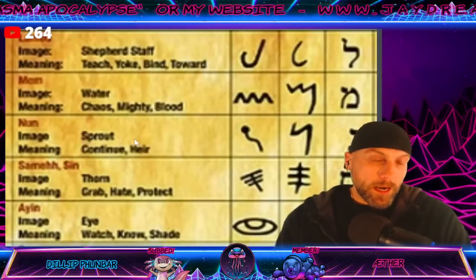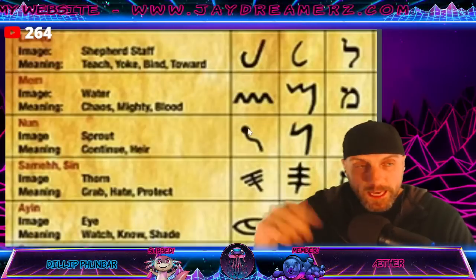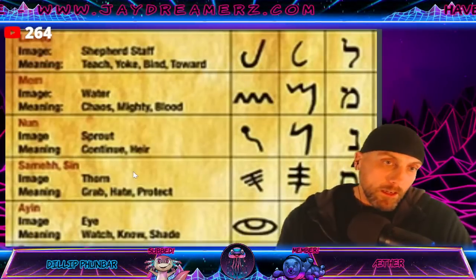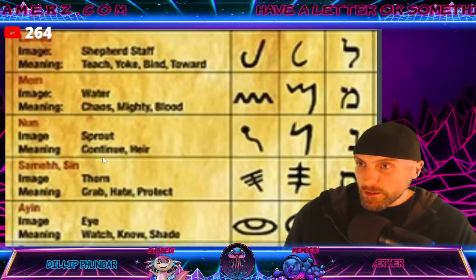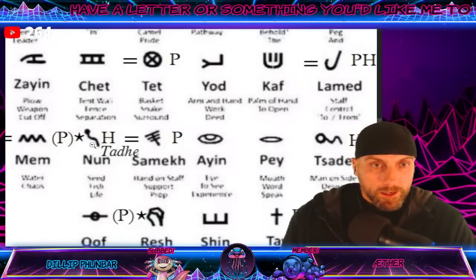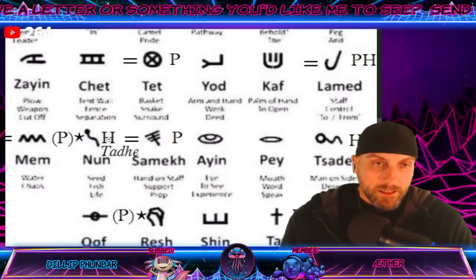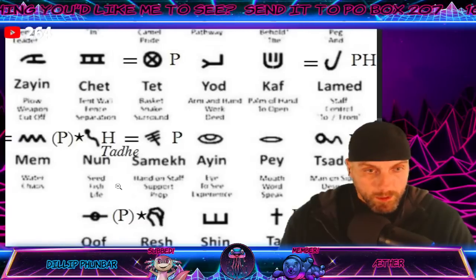Let's check out some examples. What does this say? Sprout. So this is like a sprout, or the root and then the head of a plant, or the bulb of a plant. It's hard for me to make out what that says. Here it is, Nun, and it's the same in the hieratic, or the Egyptian.